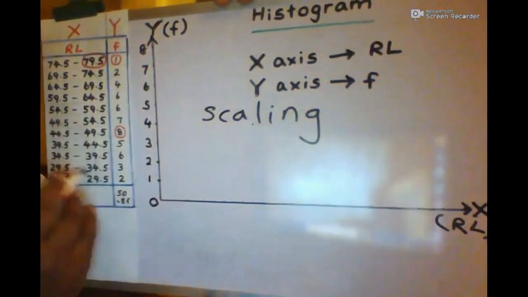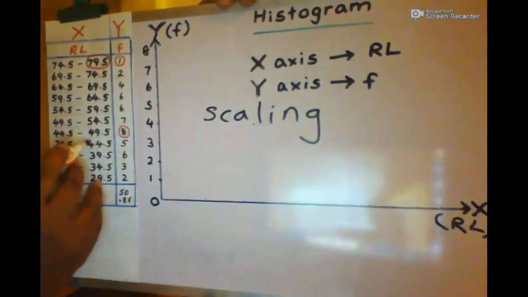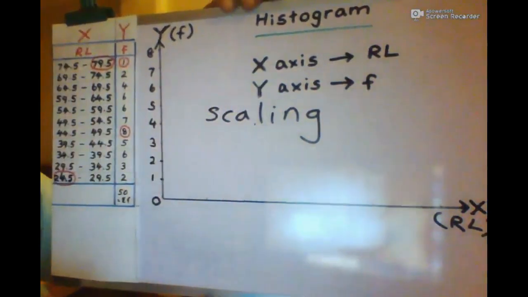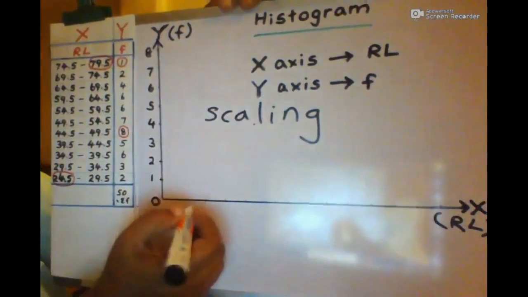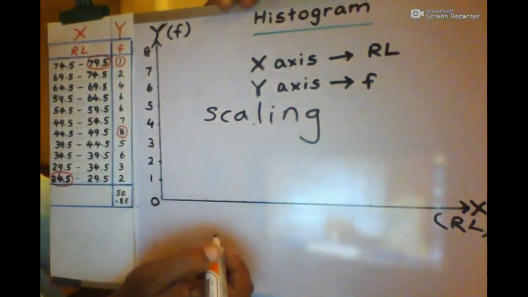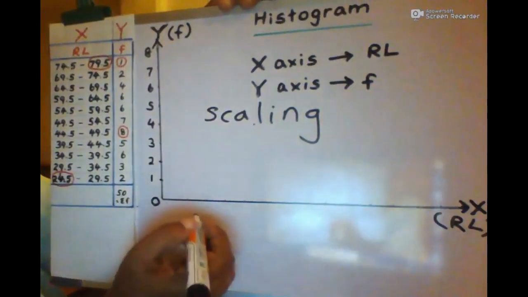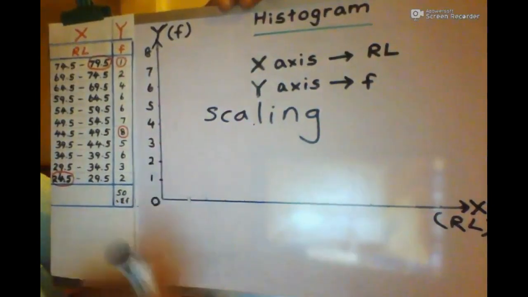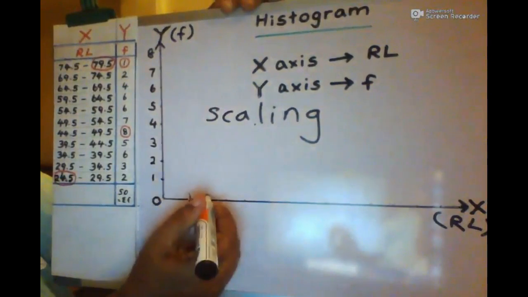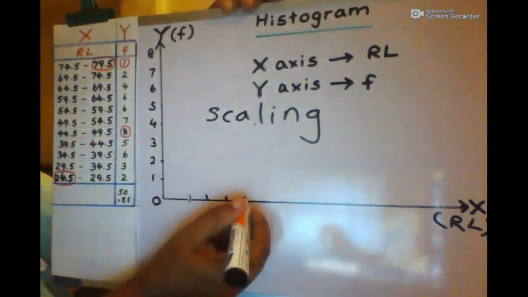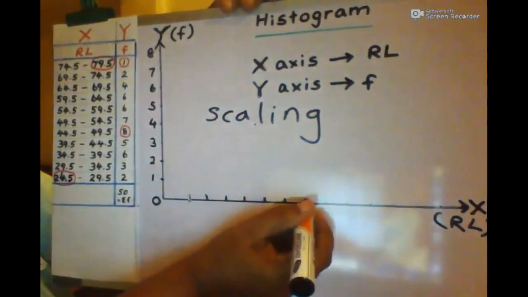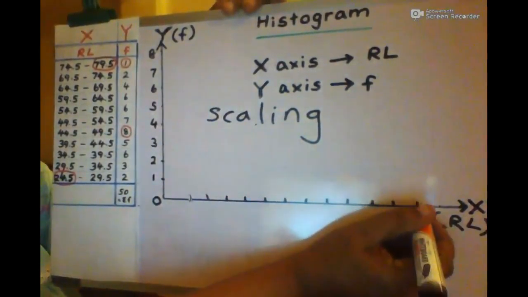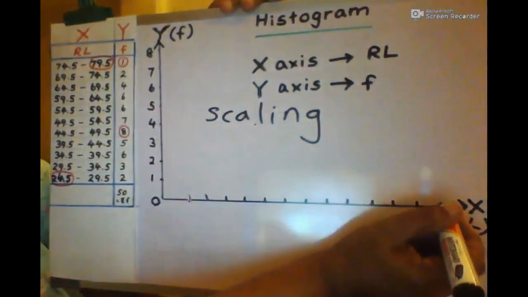How many classes are there? 1, 2, 3, 4, 5, 6, 7, 8, 9, 10, 11. 11 classes are there. So when you mark the x-axis, take one extra value here, then start from this: 1, 2, 3, 4, 5, 6, 7, 8, 9, 10, 11, and also have another extra value.